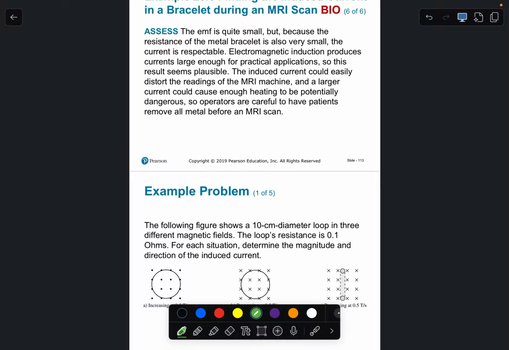Because there's current flowing, and current, when it passes through an object with some resistance, will generate heat, okay? So that bracelet is going to get really warm and heat up. It could potentially be dangerous, depending on how much current is flowing through that bracelet. I think we saw it was in the hundreds of milliamps, so it won't get too hot, but you never know.